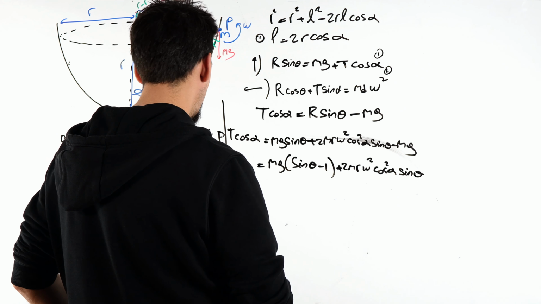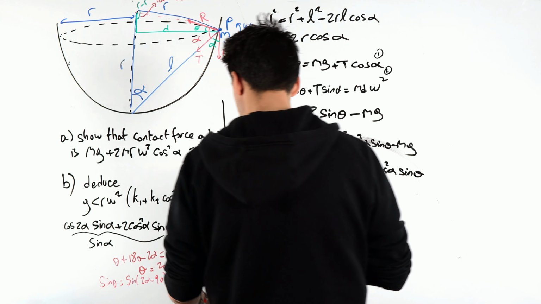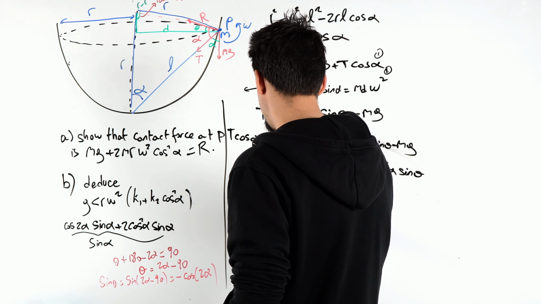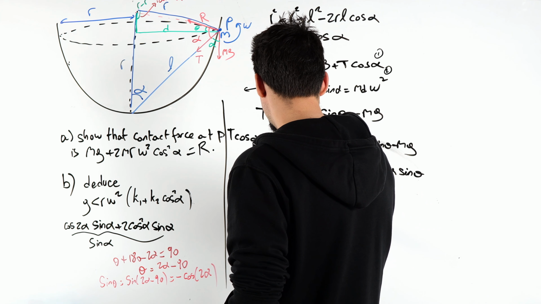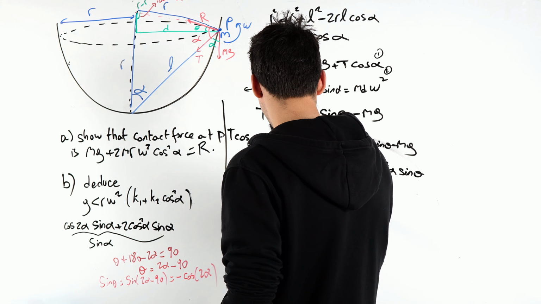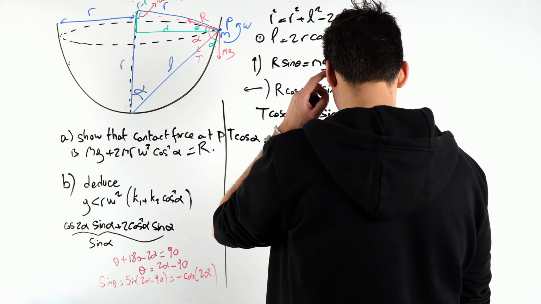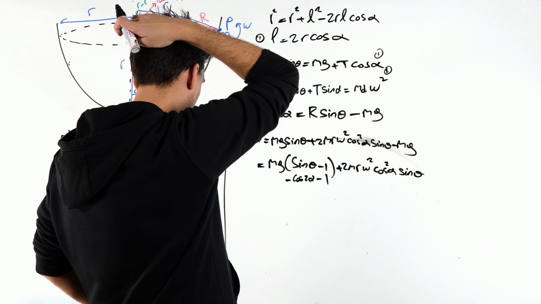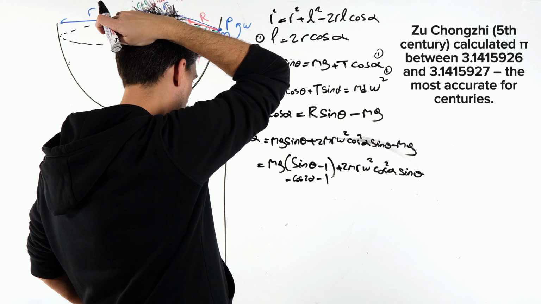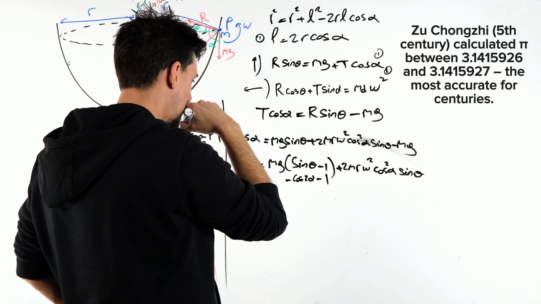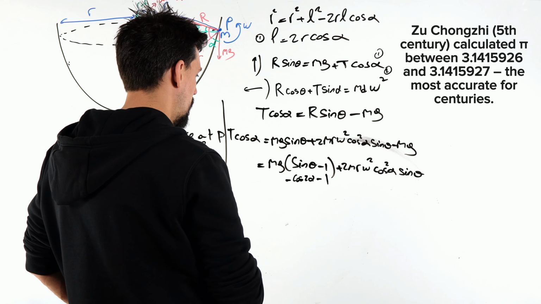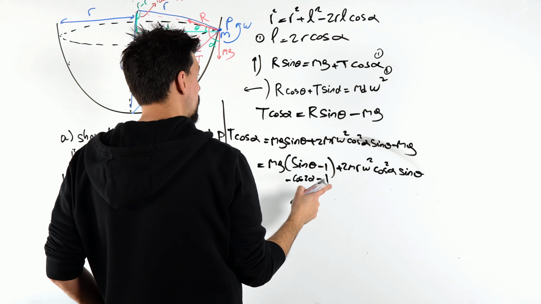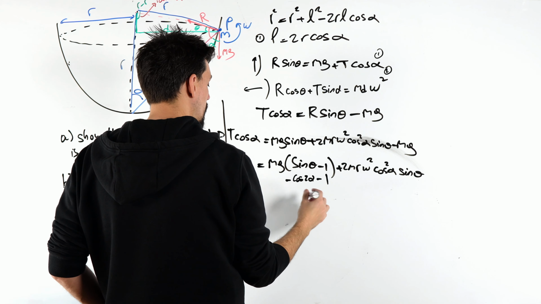Now, what is sine theta minus 1? Sine theta minus 1 is minus cos 2 alpha minus 1. Cos 2 alpha is 2 cos squared alpha minus 1.